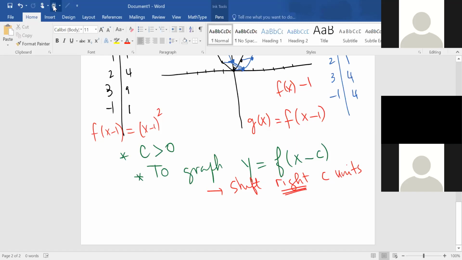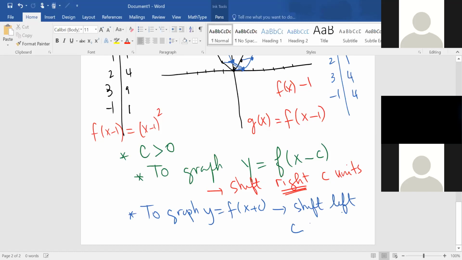To graph y equals f of x plus c, you shift left C units.